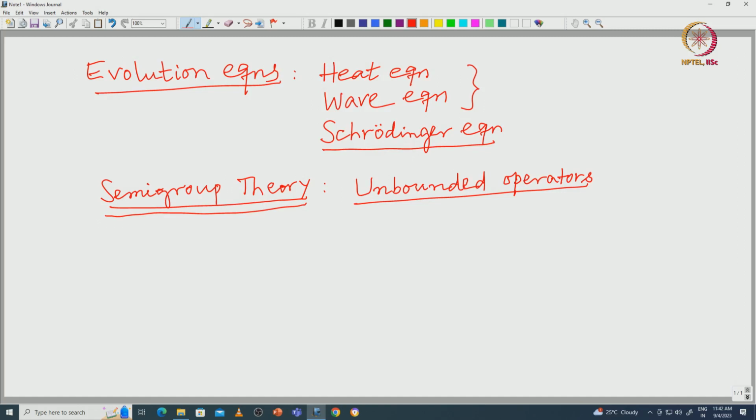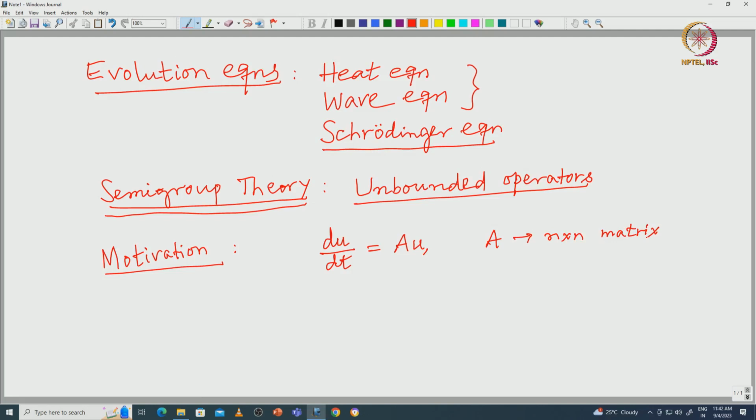So, as a motivation to study this semigroup theory itself, consider this ODE in a finite dimensional space, namely R^n. So du/dt = Au, where A is an n by n matrix, real or complex, it does not matter.